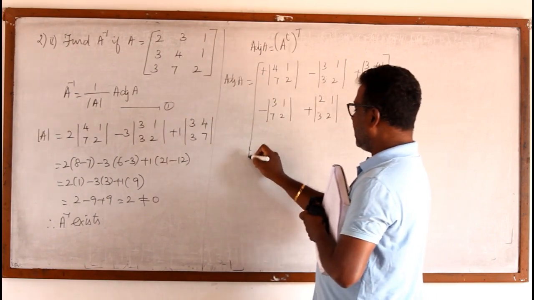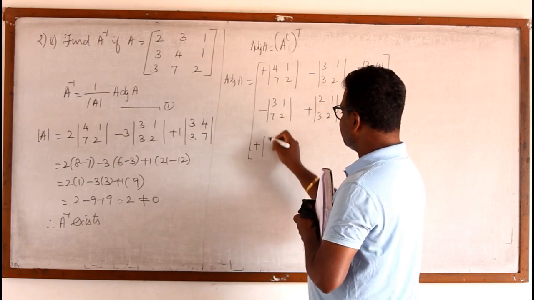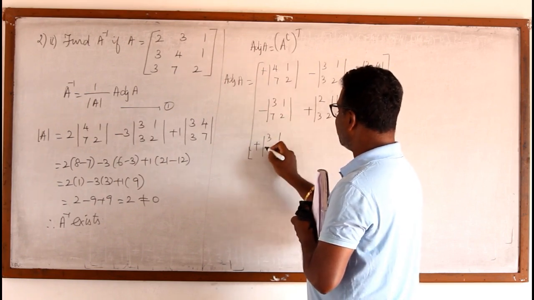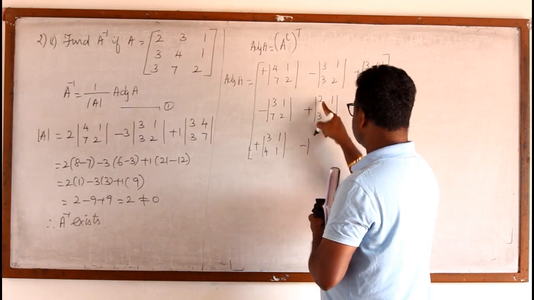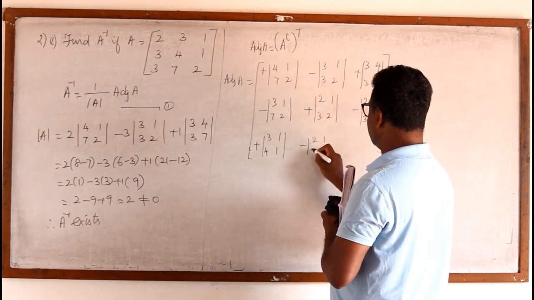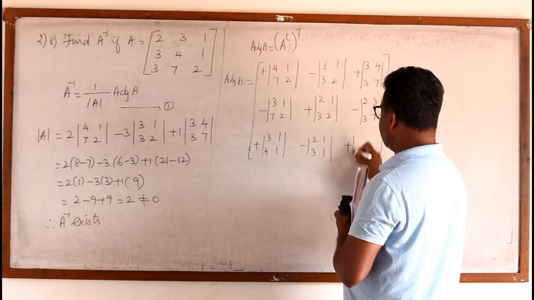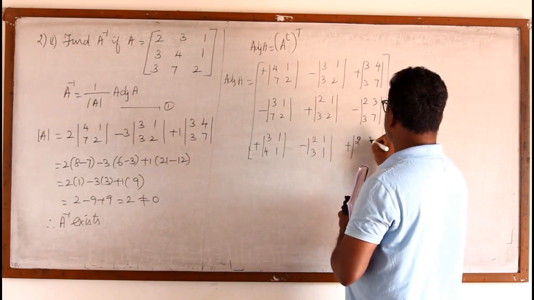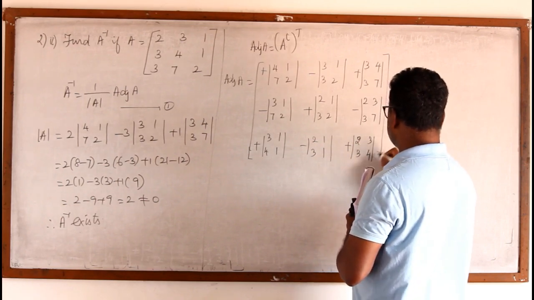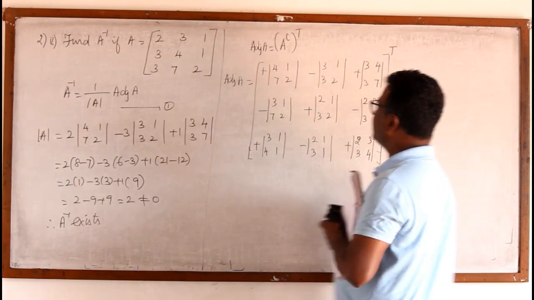Next, I told you, you can write from here itself. Plus 3 1, first 4 1 next, minus 2 1 3 1, plus 2 3 3 4. Third determinant.